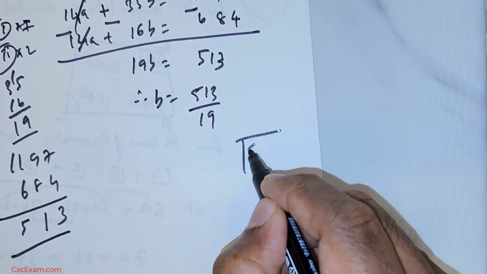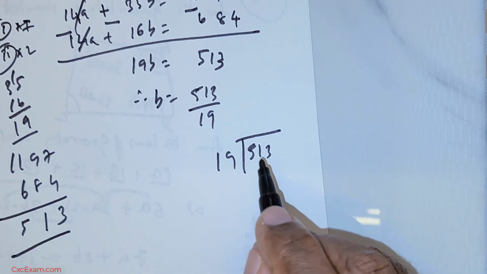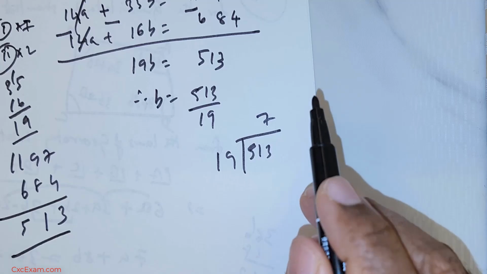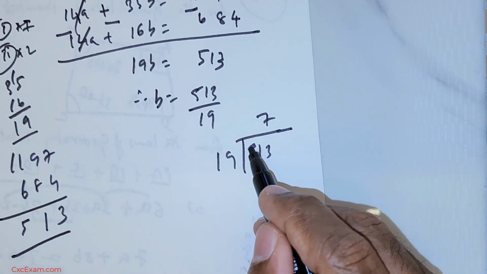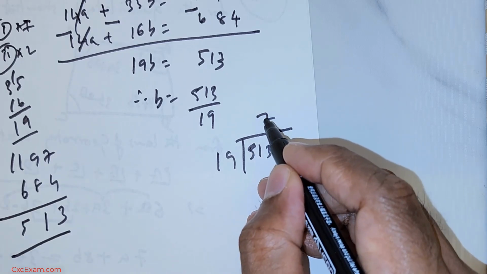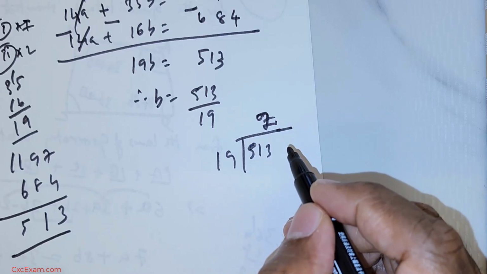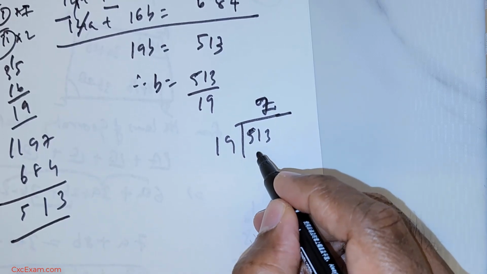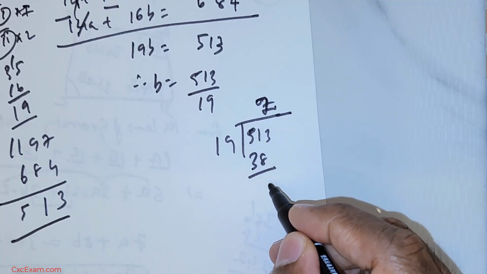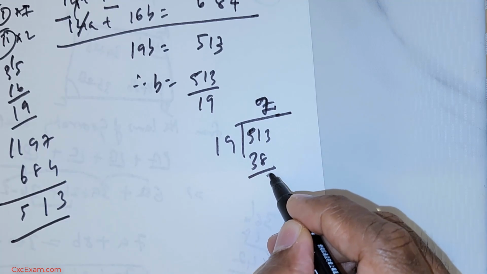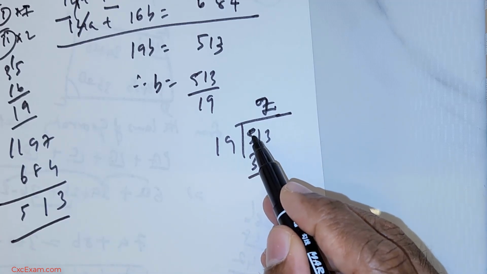Now the question is, can we divide 513 by 19? Let me try 7. I'm not sure, but I'm going to try 7. What we can do is reduce it first. So I'm going to place 2 here. 19 times 2 is 38. So you carry 1, 8, 9, 10, 11. So you have a 3 there, and you already have 4 there.